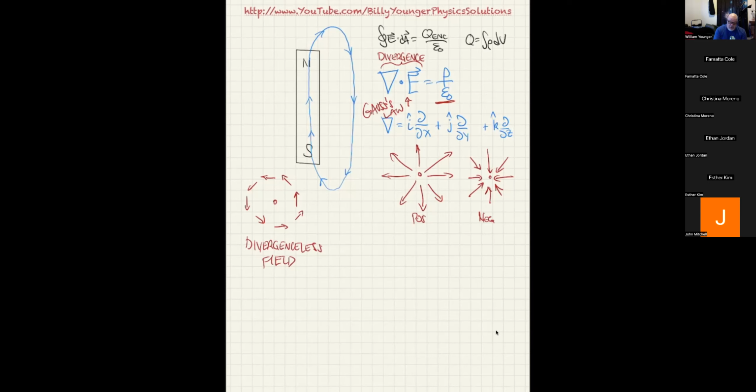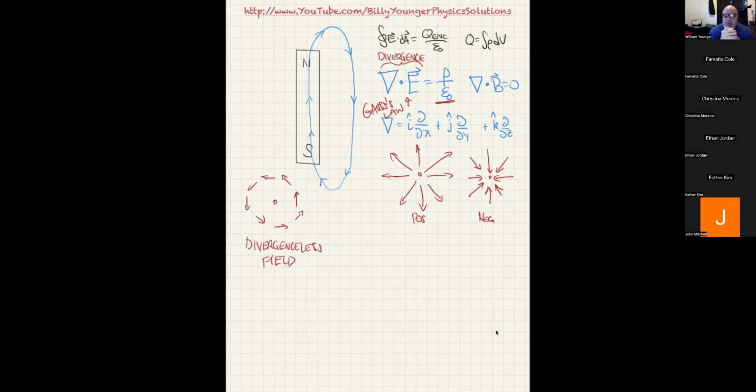In fact, if you really wanted this left-hand diagram that I wrote positive under, all you have to do is put a positive charge right there in the center where that dot is, and that's exactly the electric field you get. When we write the exact same equation for the magnetic field, though, we get del dot B is equal to 0. So we can't have anything but closed loops.